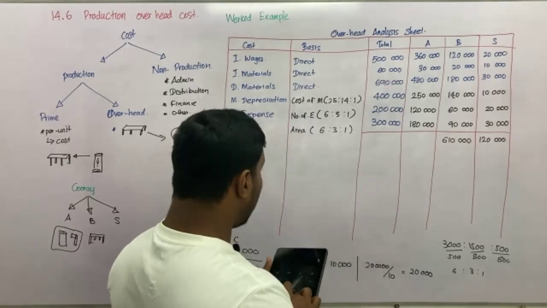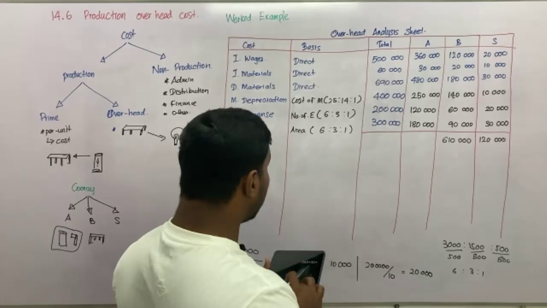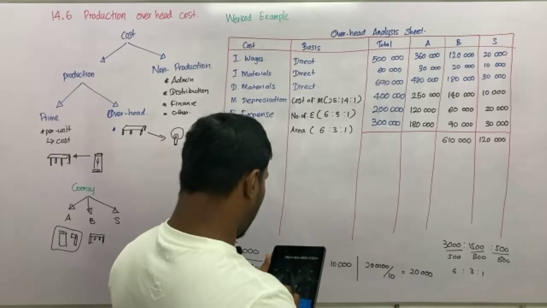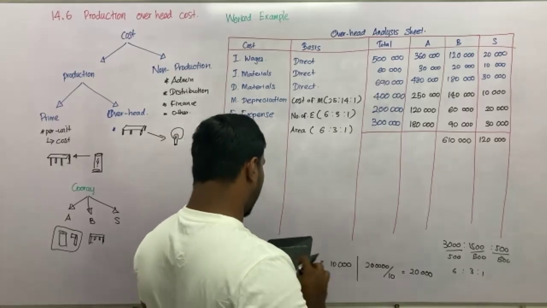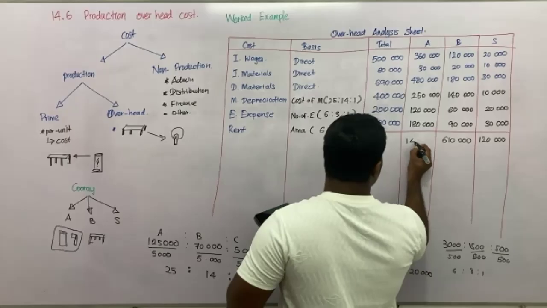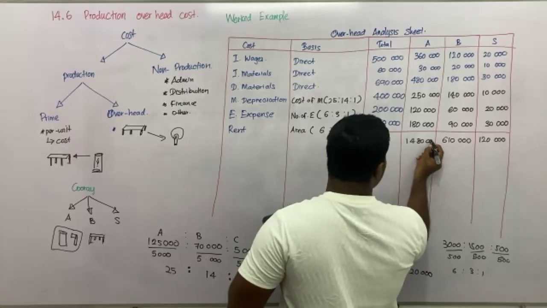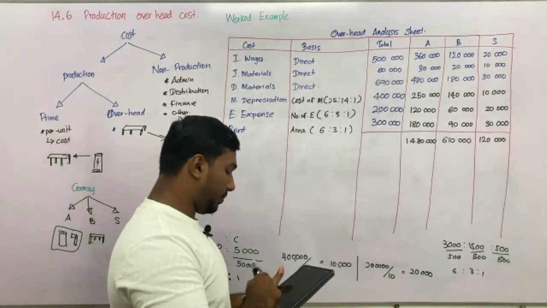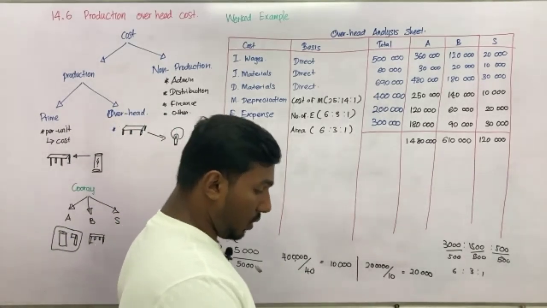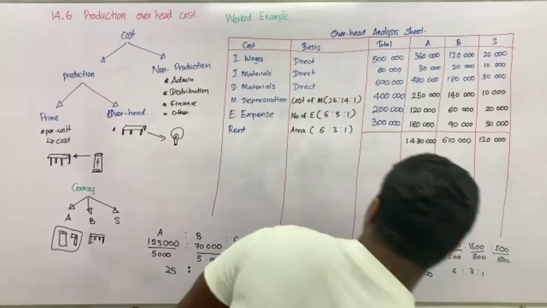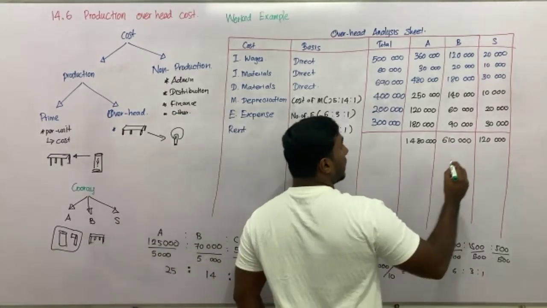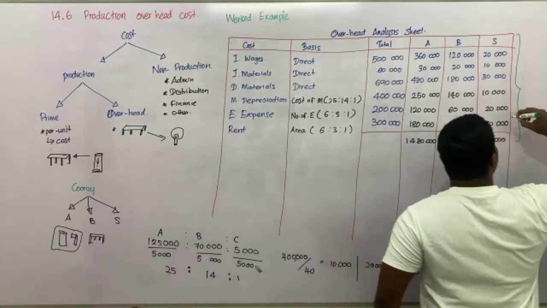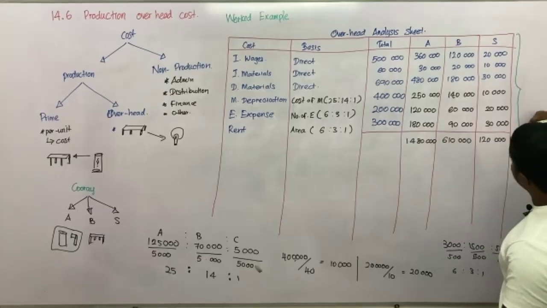Then 360 plus 30 plus 480 plus 250, 120 plus 180. Up to this point is known as primary distribution. I think it's visible.